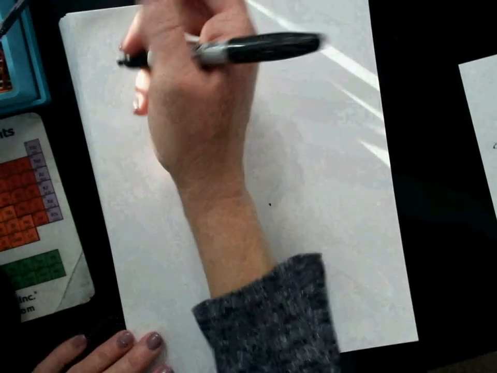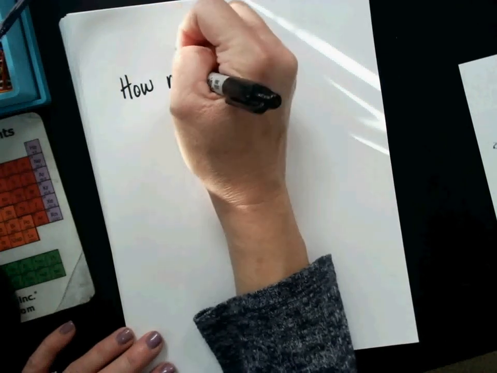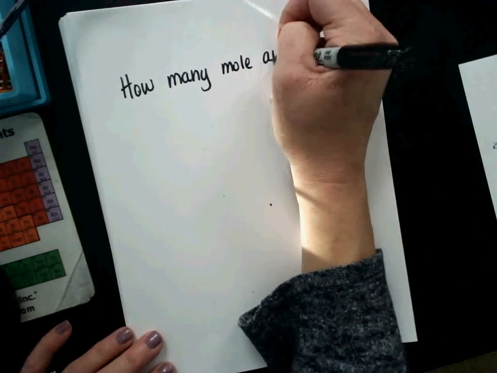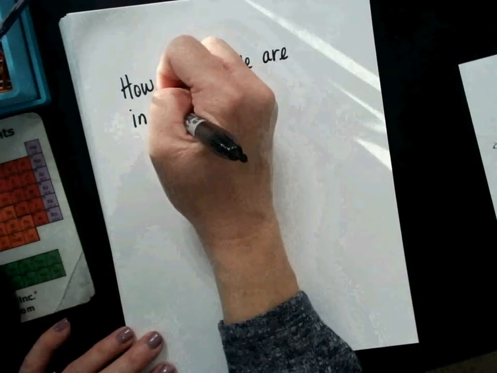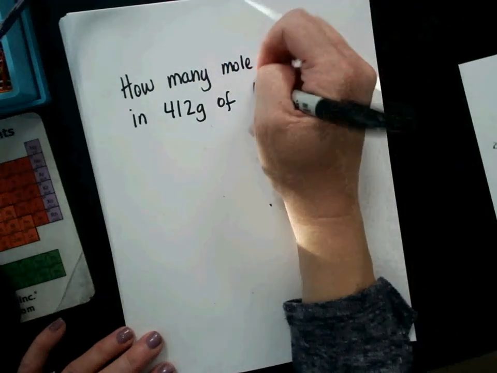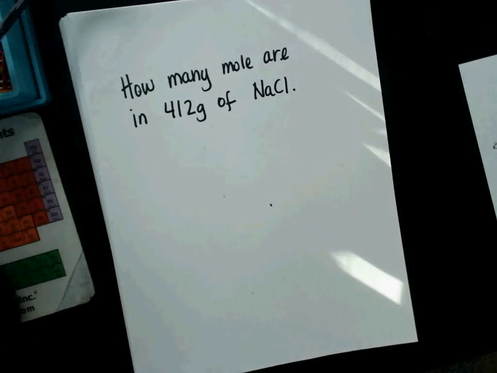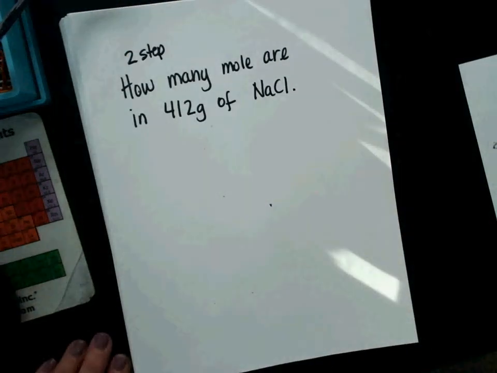All right, so let's do the flip side of it. How many moles are in 412 grams of, this time we'll use sodium chloride, NaCl? See if you can set that up.